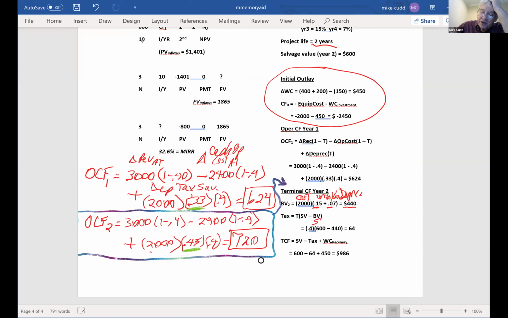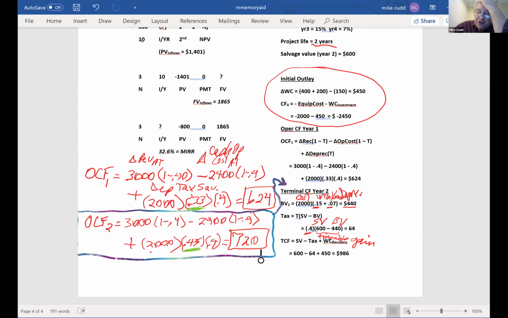Since we think we can sell it for 600 and it's carried on the books at 440, that would give us a taxable gain of... well, not 200, what is it? 600 minus 440 would be a taxable gain of 160.